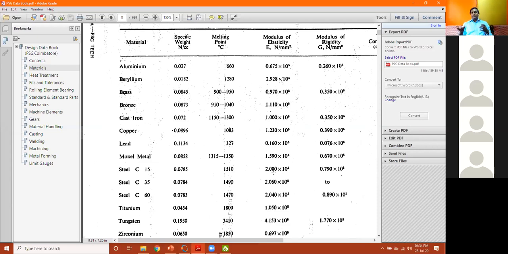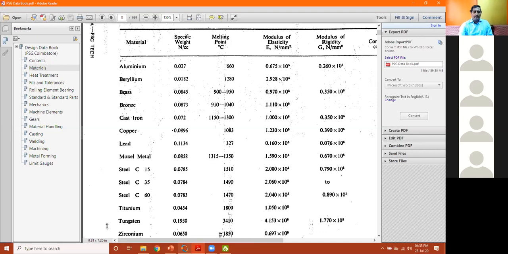Many of you know the magnitude of E for steel without going to page 1.1: it is considered as 2 into 10 raised to 11 Newton per meter square, or 200 GPa. You can make use of that also, or straight away from here consider 2.08, the maximum possible value, into 10 raised to 5 Newton per millimeter square. So we will consider this.